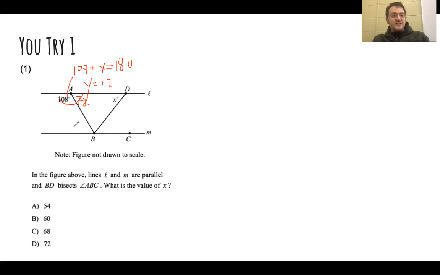Also, things like alternate interiors are pretty nice to find as well. And the more information that you find, the easier these types of problems are going to get. So it might not be a bad idea to go back and look for those easier angles first and work to the angles that you want to solve.